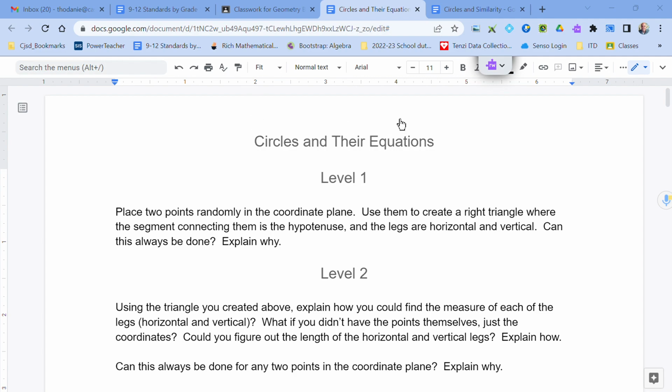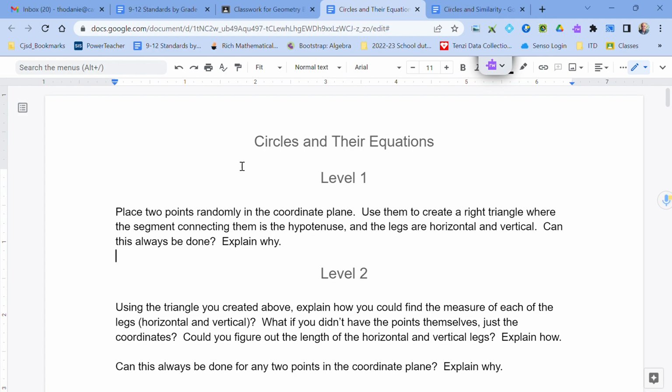This AC, this leg, and this leg here, CB, this horizontal and vertical legs. If I can find those lengths, which I can, using the y-axis and the x-axis, I can find those legs too, right? And then I have Pythagorean theorem that says leg squared plus leg squared equals the hypotenuse squared.